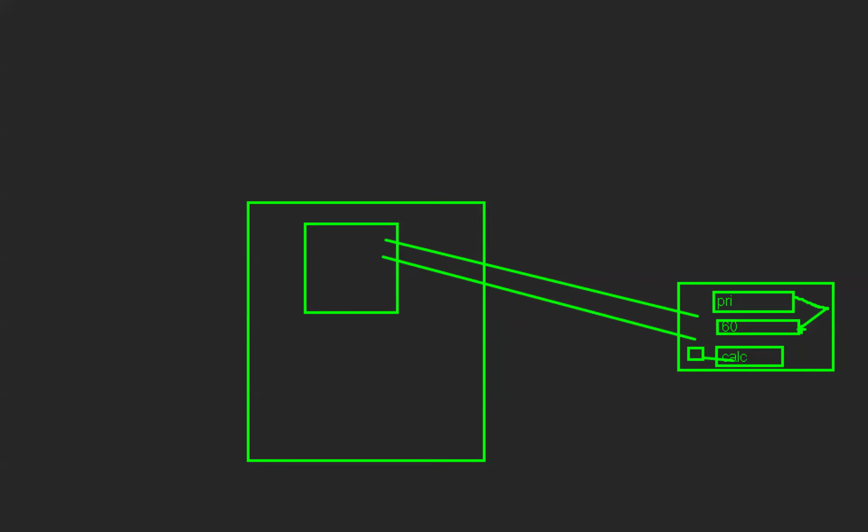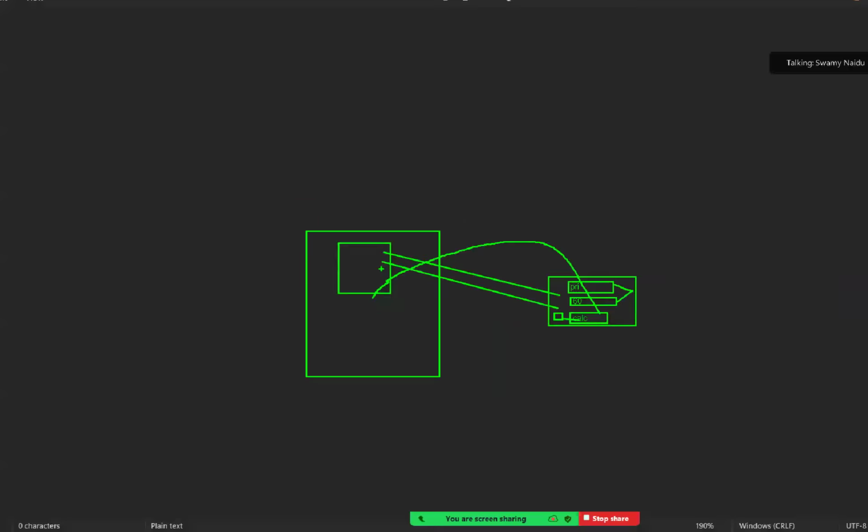Is it clear? In case it is a server-side script, then what is happening? One request goes to the server, there it processes the code, and the response comes back to the client system.